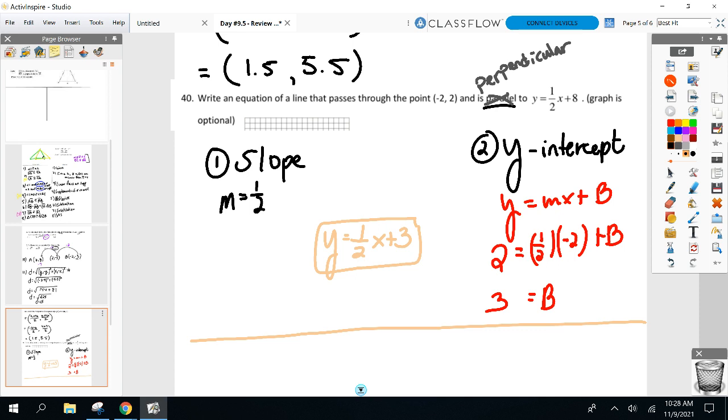If I changed it to perpendicular, what would be my slope now? -2. I flip it and change the sign. So now this becomes -2, and I solve for b still. So yes, it could be perpendicular tomorrow. Same process, just I can't keep the slope the same. I need to flip it and change the sign.